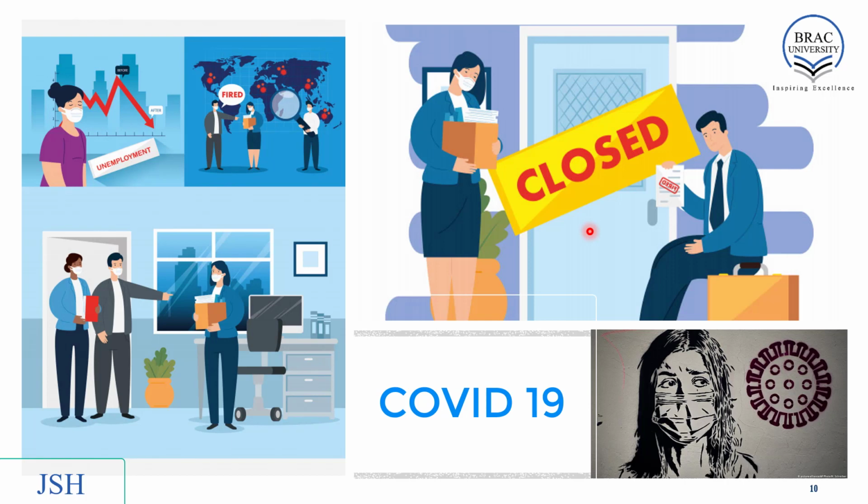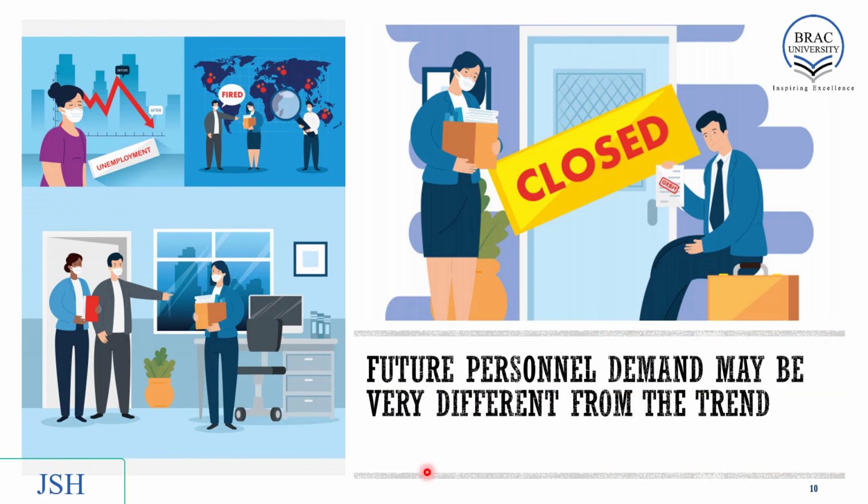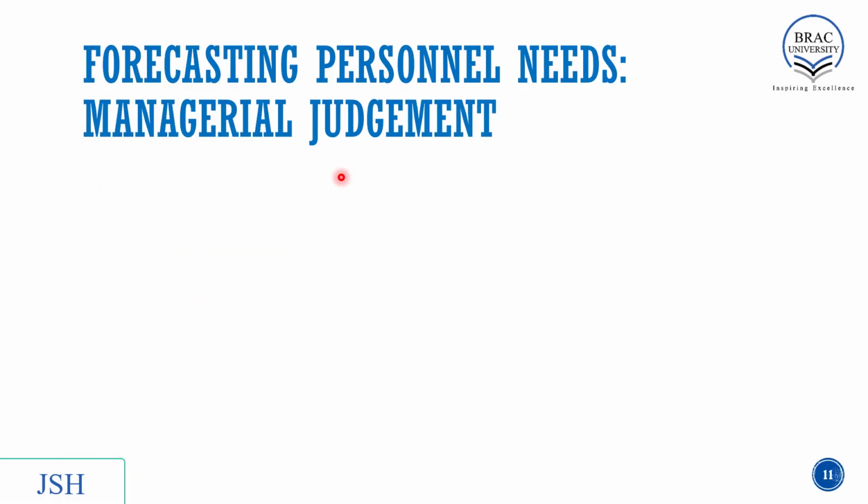So we cannot rely on trend analysis only, because future personnel demand may be very different from the trend, just as it is right now. So rather than relying on trend analysis only, we have to take the result of our trend analysis and apply our managerial judgment.